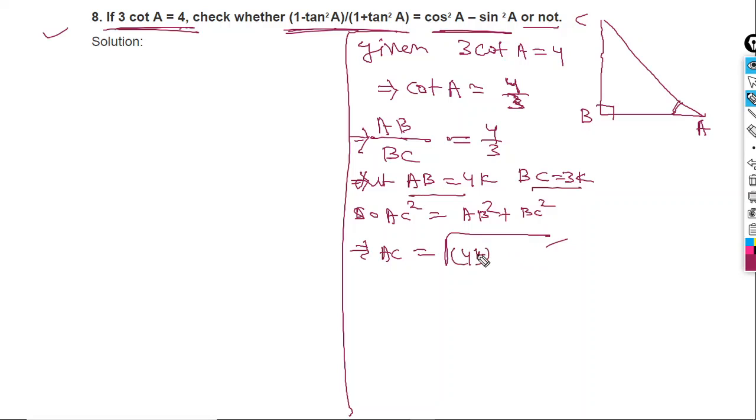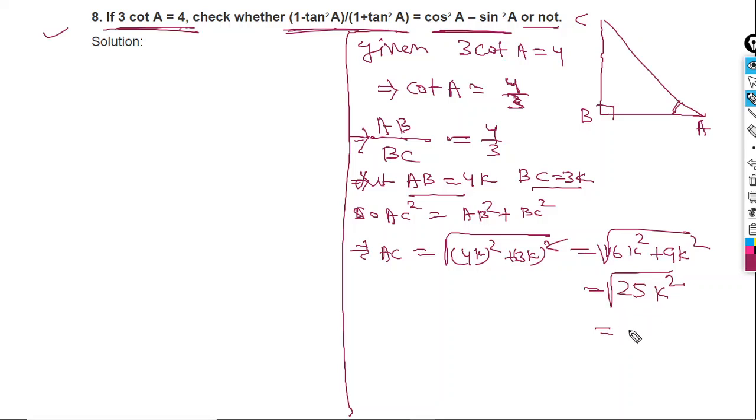So 4K square plus 3K square is equal to 16K square plus 9K square, whole root over, which is equal to 25K square whole root over, which is equal to 5K. Okay, so we got the value of AC as 5K. You can write it here: AC is 5K, AB is your 4K, and BC is your 3K. So this much data we have found so far.